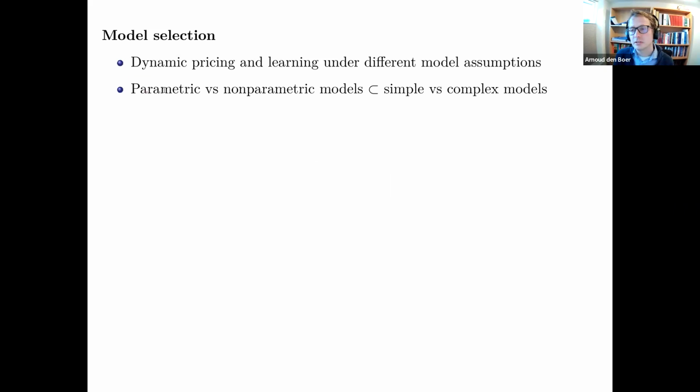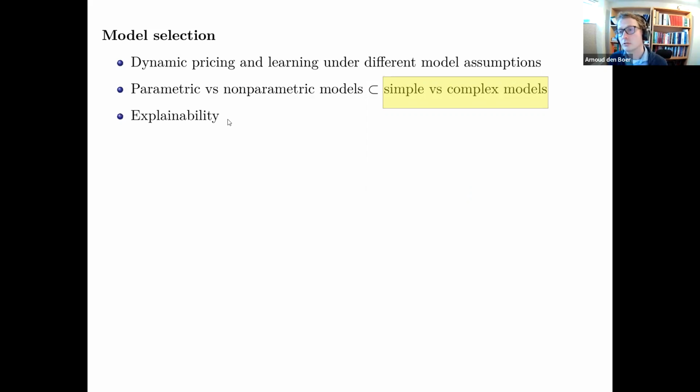Now, the question, should a model be parametric or non-parametric, like a demand function, is basically part of a bigger question. Should you use a simple model or a complex model? Whatever your model, there are always things that you did not include in your model. Usually noise terms are not correlated in many demand models. Things are stationary, parameters don't change over time.